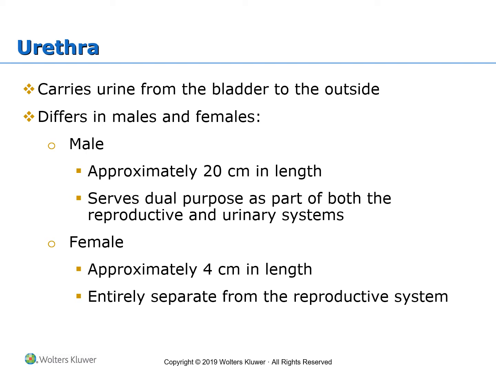On average, it's about 20 centimeters in length, about 8 inches, and proximally, very close to the beginning of the urethra, it will go through an organ that is called the prostate gland. And it is joined by two ducts that will carry male reproductive cells, the spermatozoa from the testis, and also the glandular secretions. From this point, it will lead to the outside through the penis, the male organ of copulation.